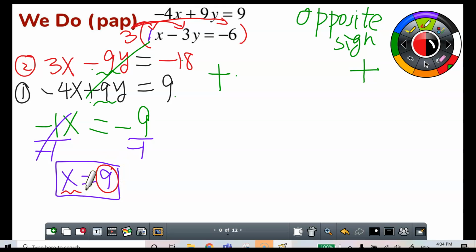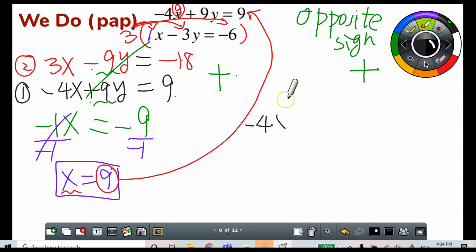So let's use the first equation. Okay. So plug 9 into the place of x. Right? And let's copy it down. The equation becomes negative 4 times 9 plus 9y equals 9. Okay, solve it.